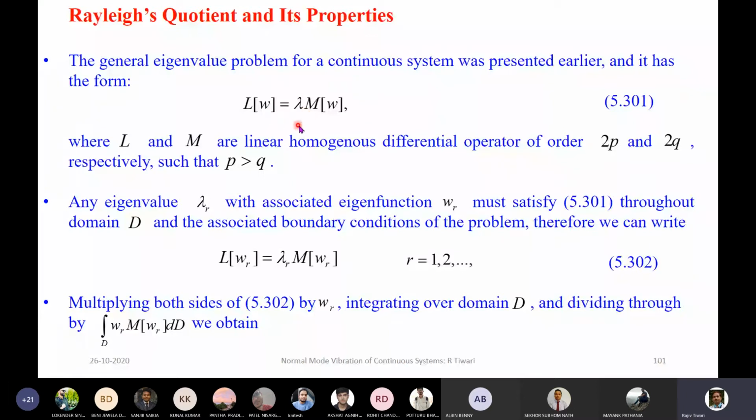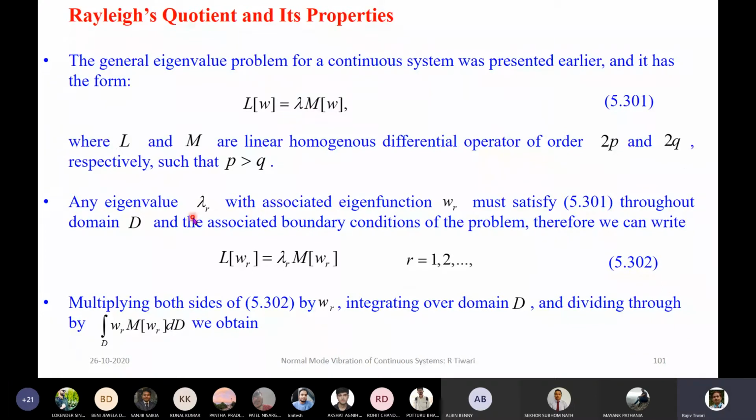We have been talking about this general eigenvalue problem for continuous systems. Basically, this represents even the two-dimensional problems also. And we have seen that the L operator has 2p order of differentiation in general, and M has 2q, where p is greater than q.